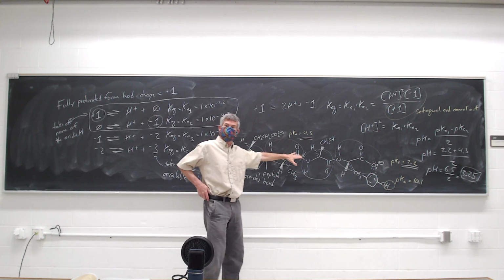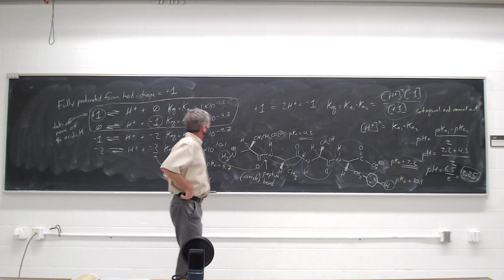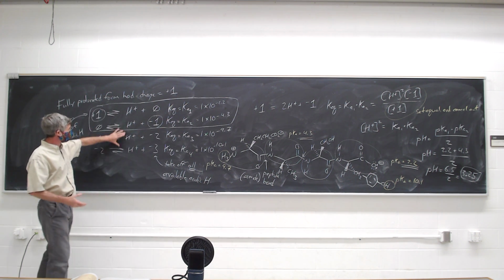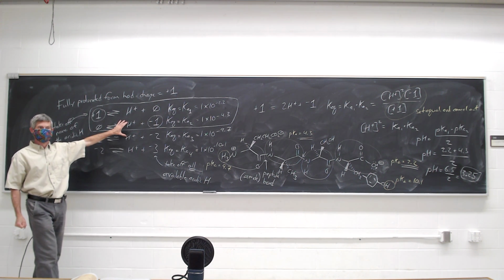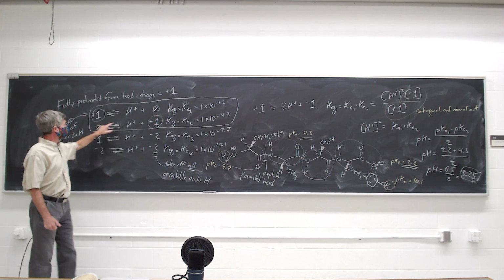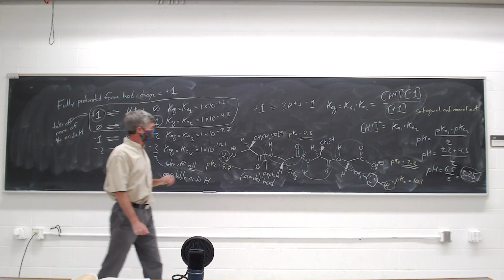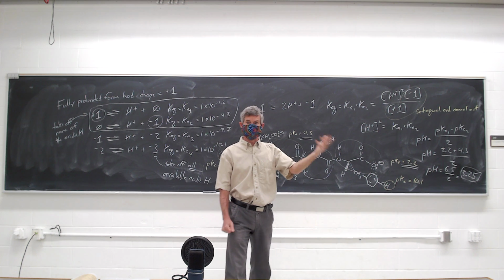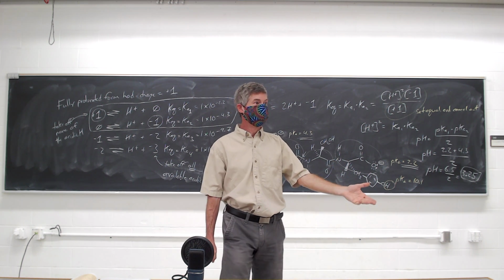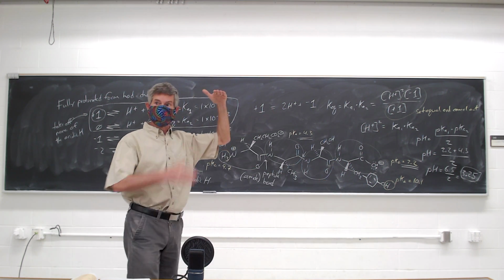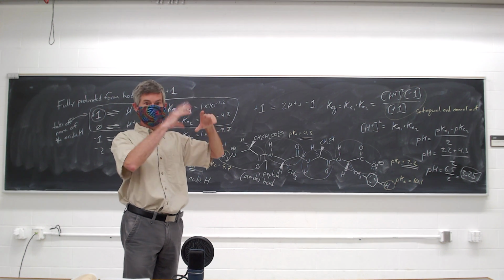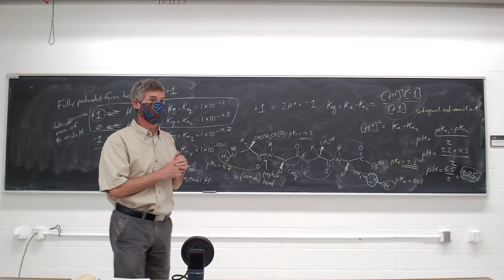So you can figure out what the charge is at physiological pH. And then you can determine which two equilibrium constants are the ones you care about, by figuring out which two have that neutral species in it. Some proteins, where you protonate them, might have a charge of +4, which means you don't even care about the first several equilibria because they're taking protons off to get to the +1 species.